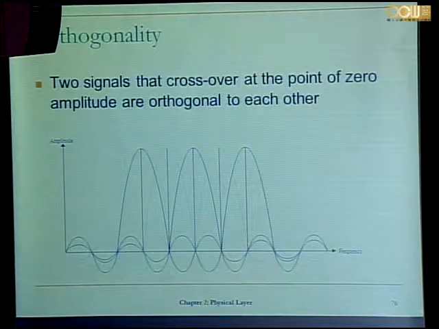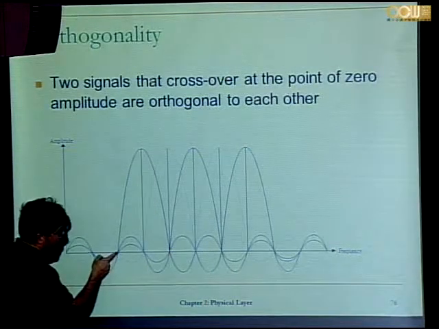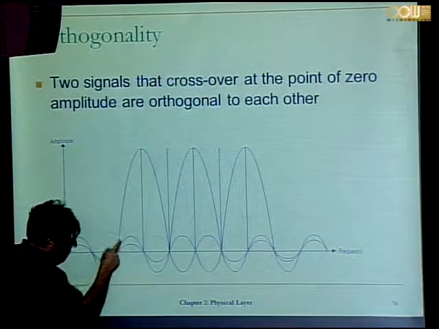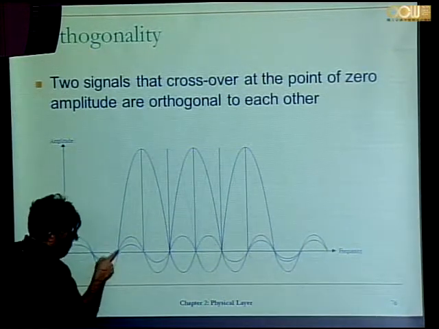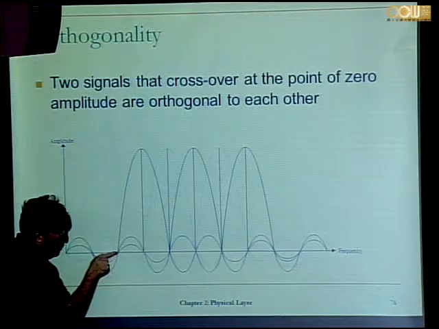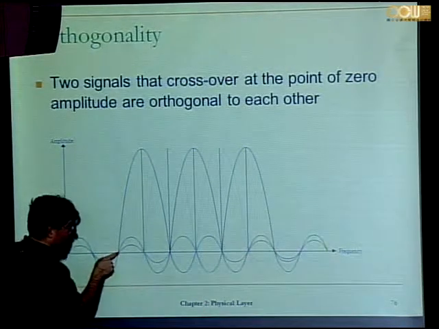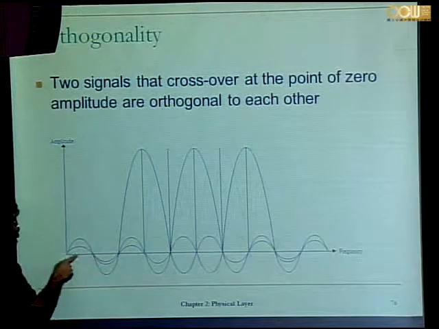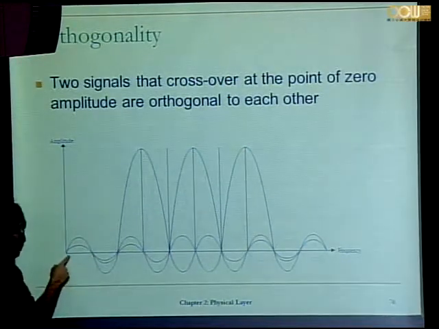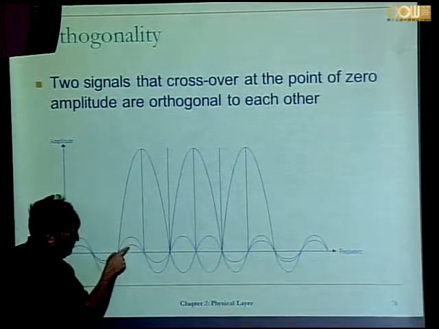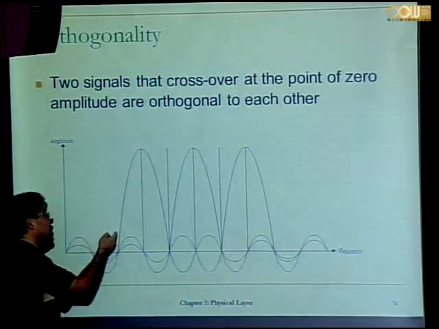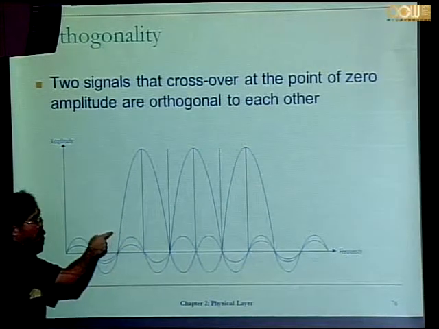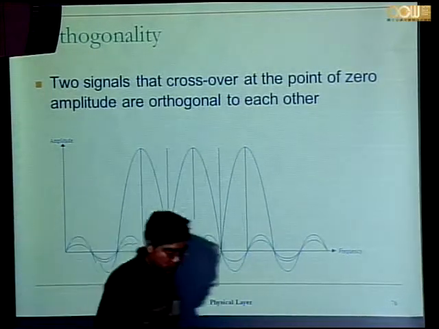Meaning if they cross over here, say there are three signals, and they cross over here, and the crossover point has amplitude 0, then we say these three signals are orthogonal to each other. If their crossover point is here, then no, they are not orthogonal to each other.